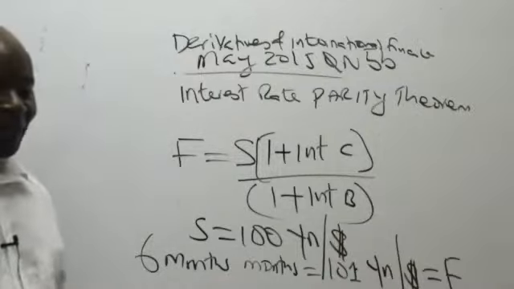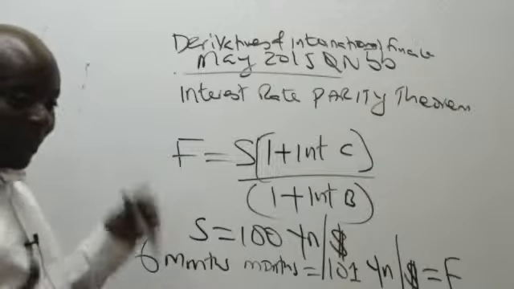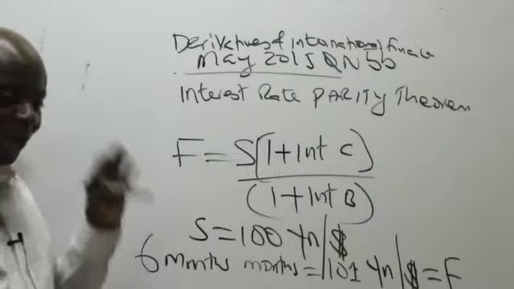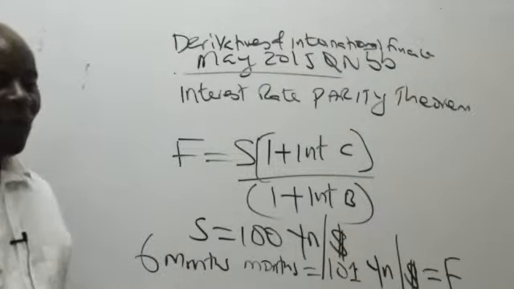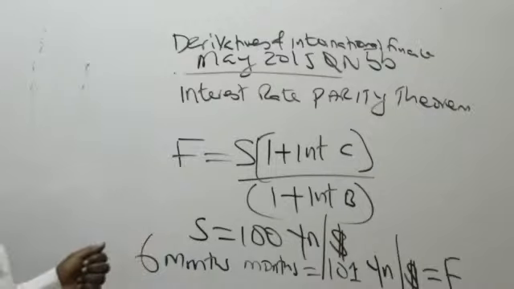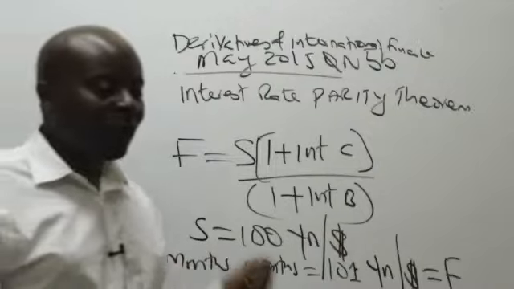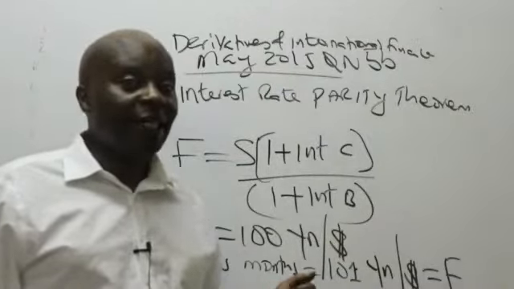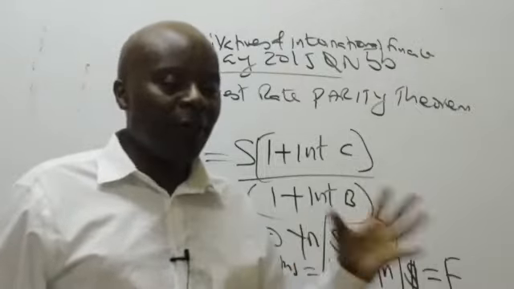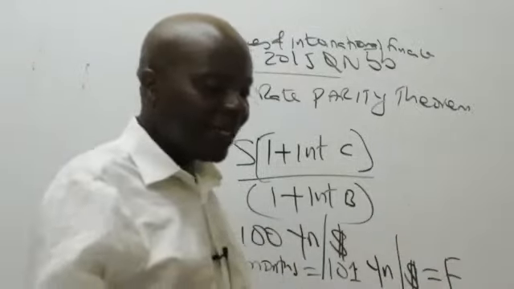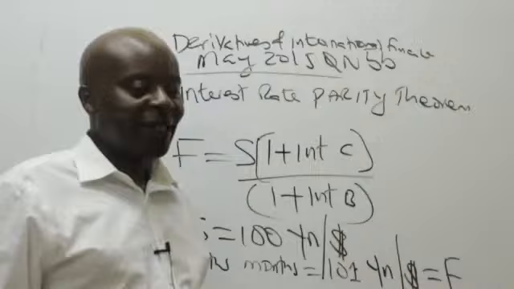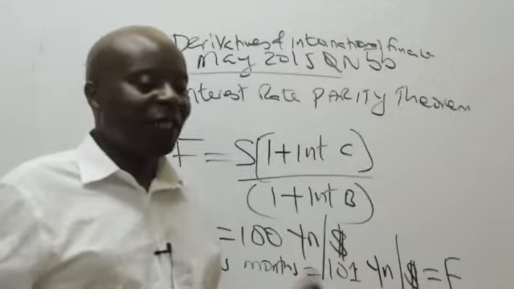Is there somebody who has been able to understand the question, however vaguely? One thing I understand is that these people want us to connect F and S using interest rates.